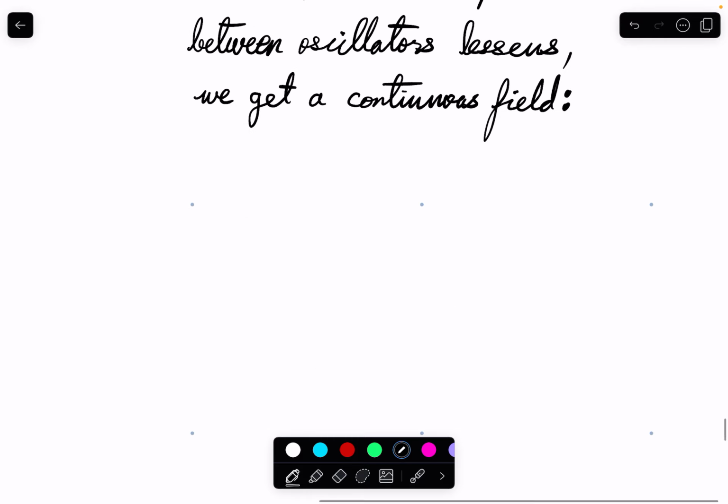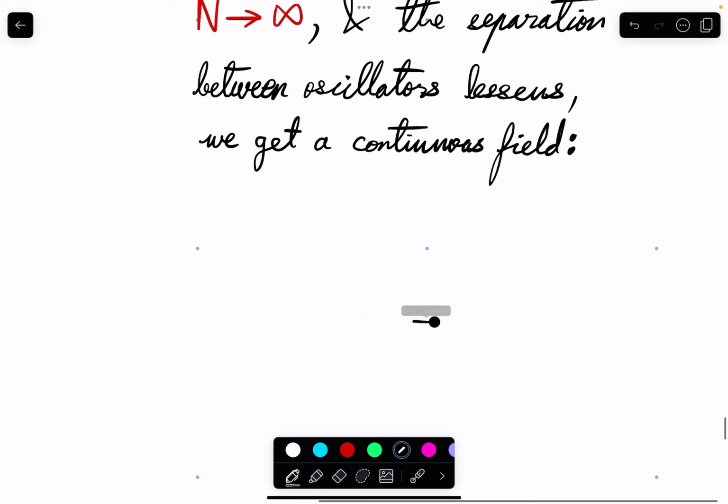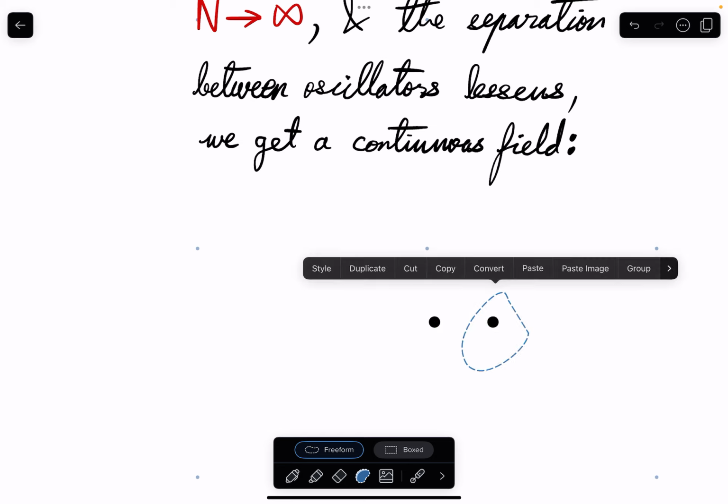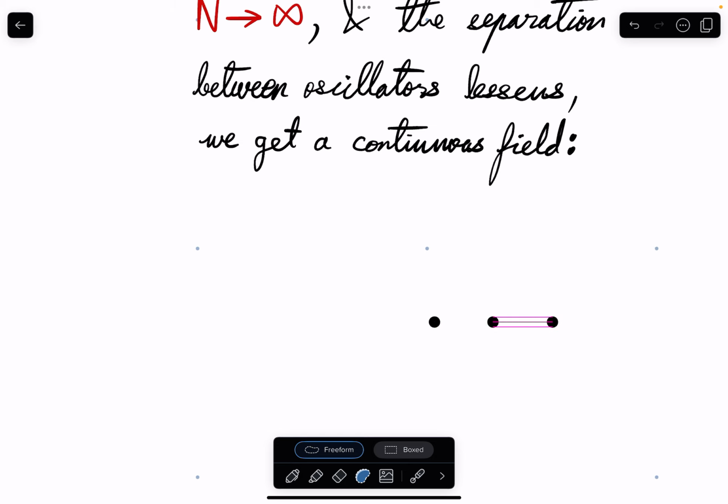So the way to picture this is, let's take these. Say we have 3 coupled oscillators.